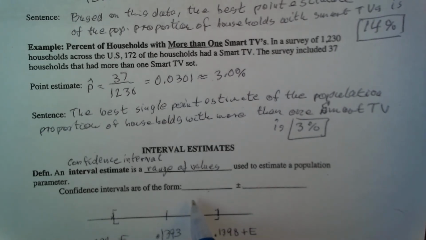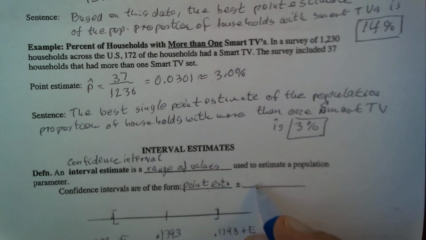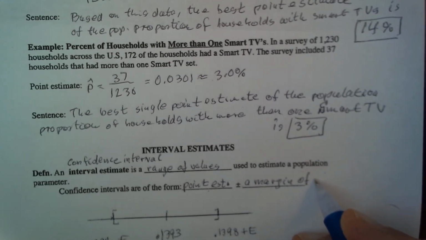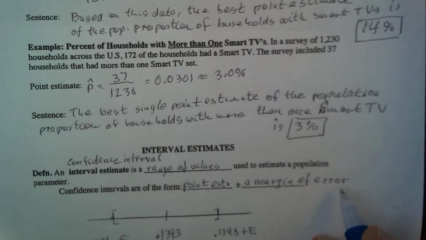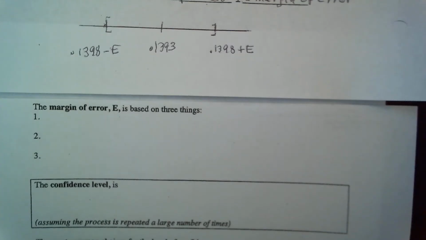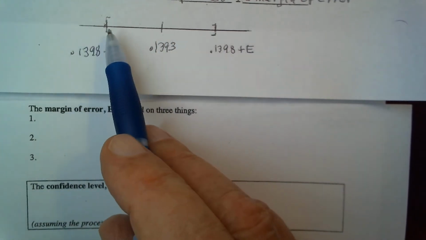So confidence intervals are of the form point estimate plus or minus a so-called margin of error, which we have not defined yet, but we'll get to that in just a moment.